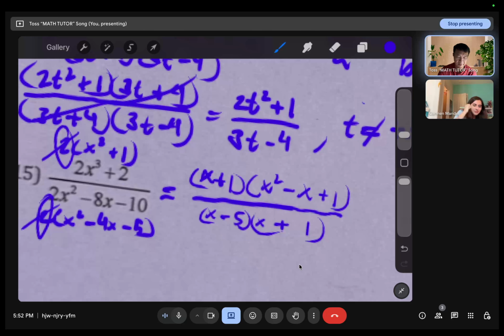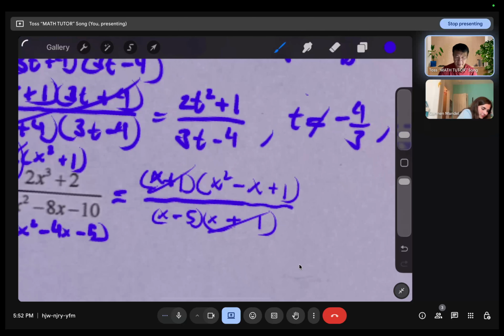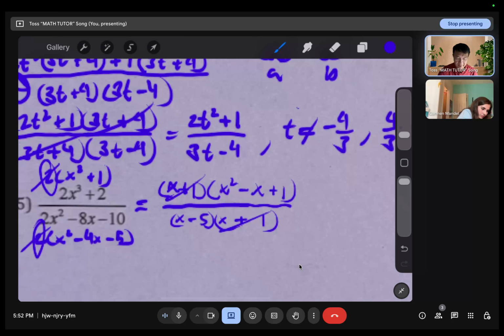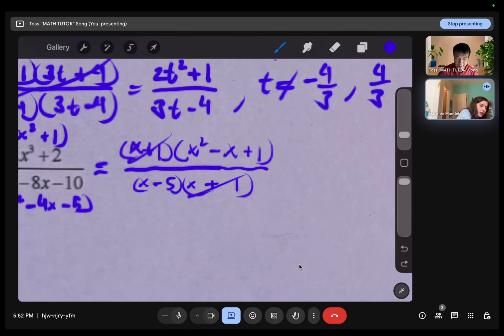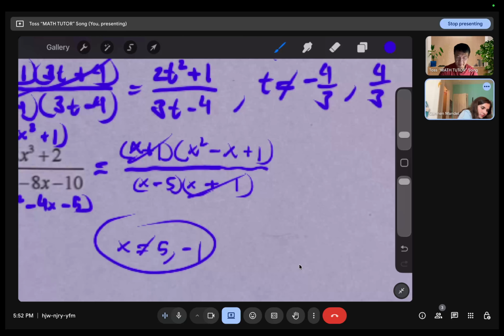Yep, that's it. And you see it matches the numerator, the x plus 1. Now, remember, I was telling you, you might think, can this be factored further? No. Exactly, you're done with that. It might be tempting. x can't be 5 and x can't be negative 1. Yep, that's it. Got it. Yeah, you got this.